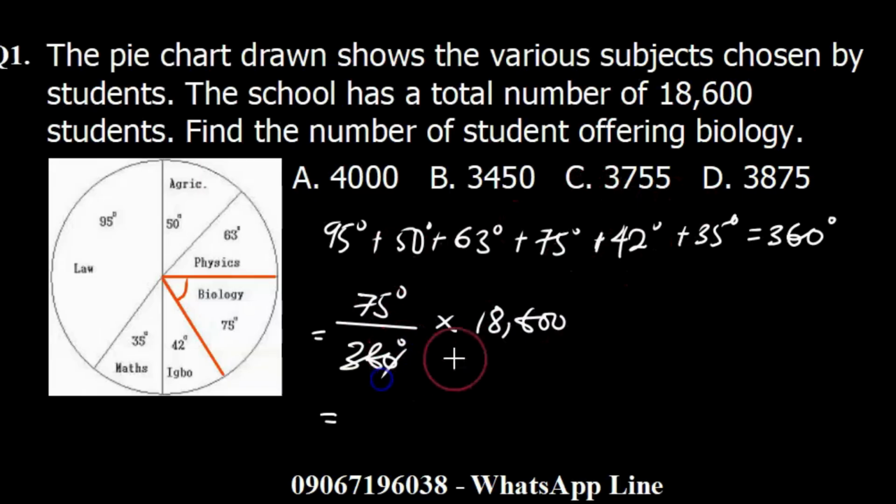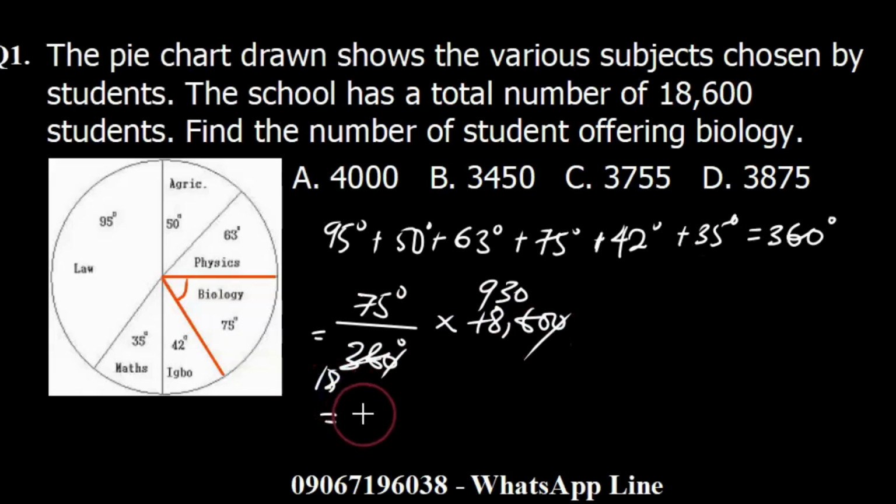So you divide this by this, and then you divide this. Here, 2 we're going into 18 will give you 9, and 2 we're going into 6 will give you 3, 930, right? So keep going, keep dividing.